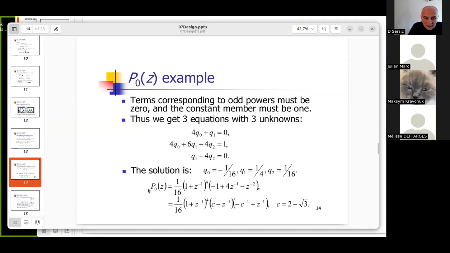So altogether, it looks like this. This is our product filter. How to factorize it? The binomial part is trivial. Everybody knows how to factorize it. Just take some parts on the left-hand side and some parts on the right-hand side.